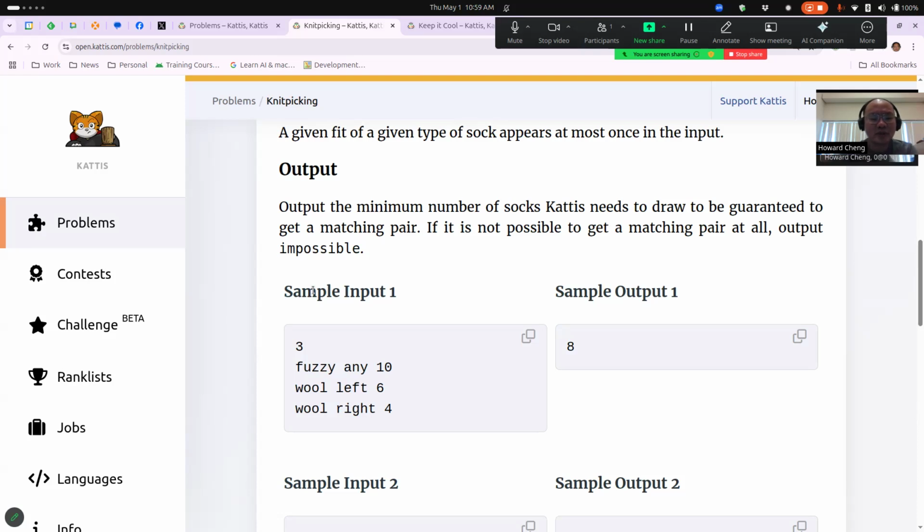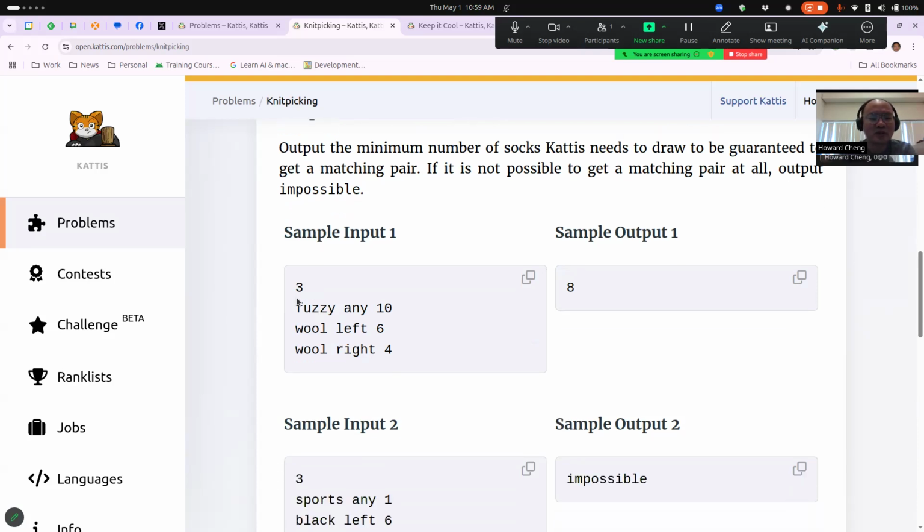Okay, so let's look at some simple example that they show you, just to try to figure it out. Sample inputs are not exhaustive, so there might be cases that are not covered, but at least we should make sure that things work on the sample input, and then maybe generalize from there. Okay, so there are 2 types of socks here, fuzzy and wool.